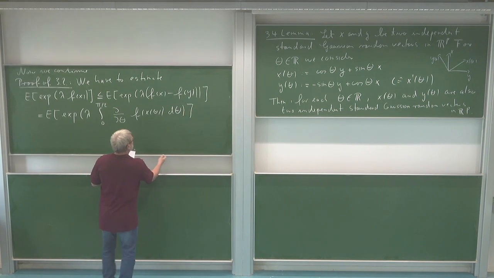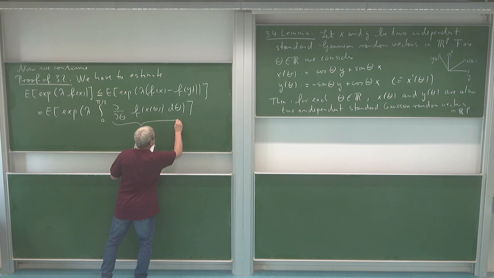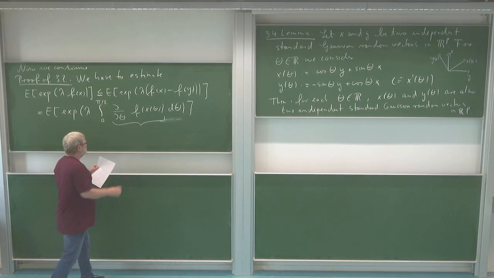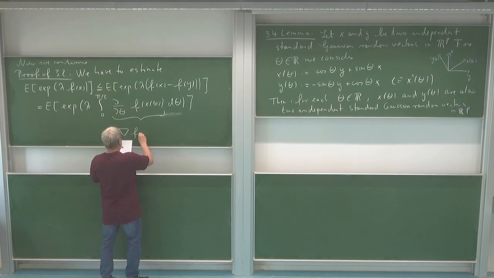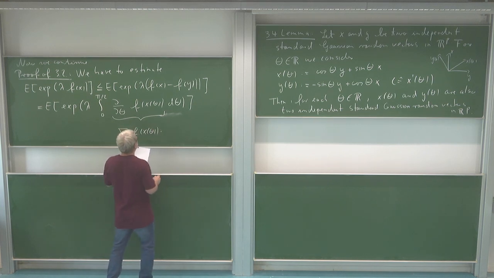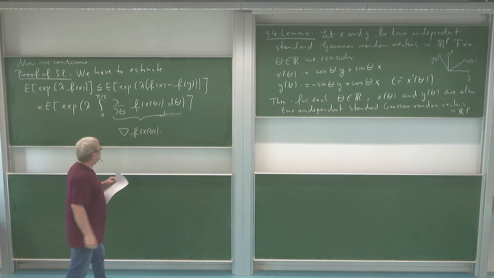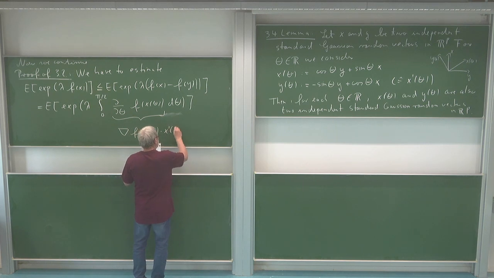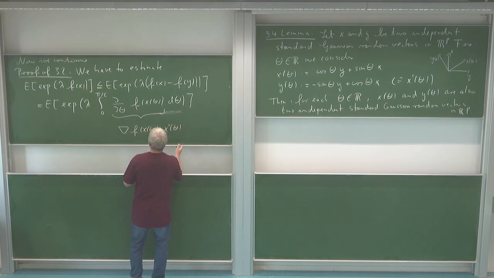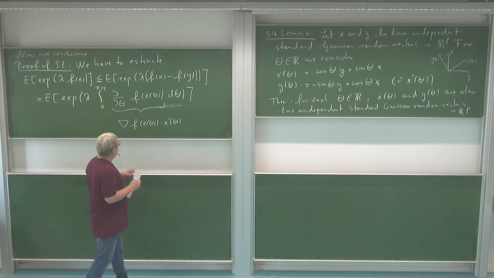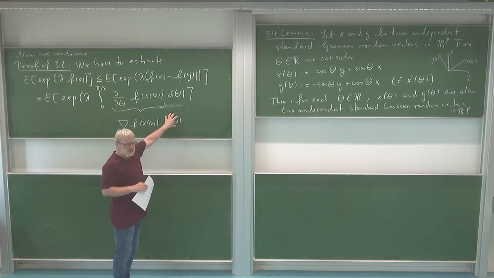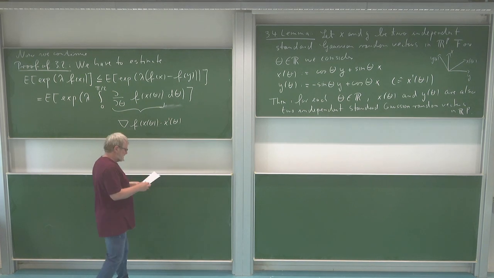And this derivative, of course, with the chain rule, is the outer derivative, so the gradient of f at the position x theta multiplied with the inner derivative, which is x prime of theta. The gradient is a vector, and this is a vector, so this is the inner product between those two vectors.